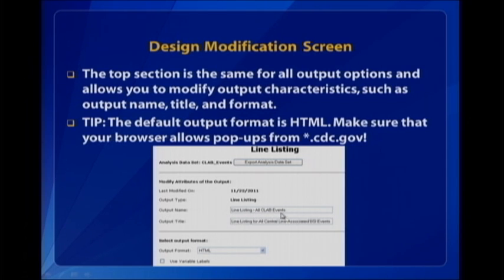One of the great things about these output options is that if you modify them, you can save your changes as a template, so that if you're going to run a similar report for different time periods, you don't have to modify everything again. However, we strongly recommend that you change the output name when you create a new template.